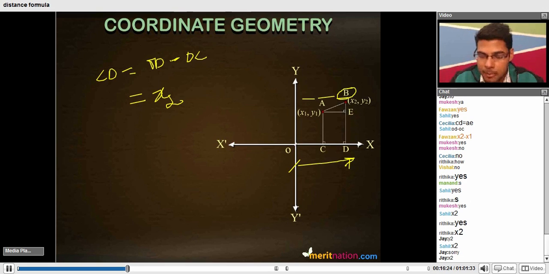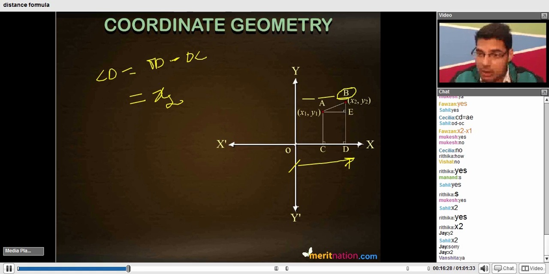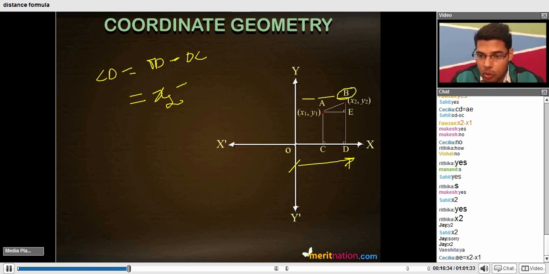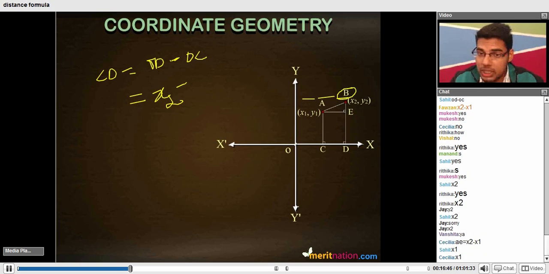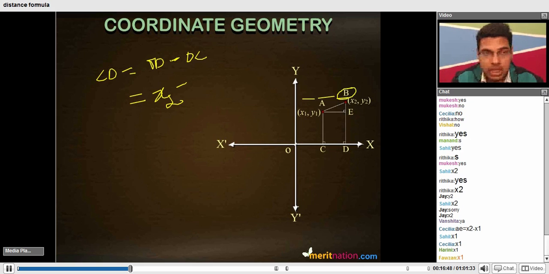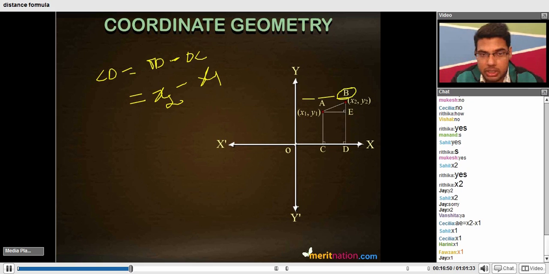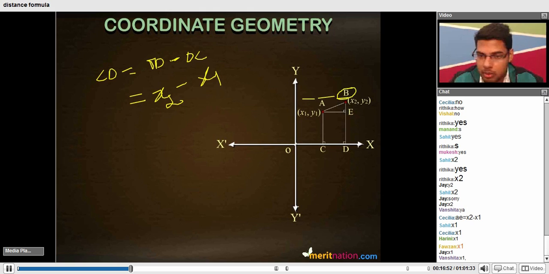If you have any doubt, you can ask, so that your concepts are clear. Now x2 minus, what is OC? OC is nothing but the perpendicular distance of point A from the y-axis. So it is x1. Now all of you agree it is x2 minus x1, right?